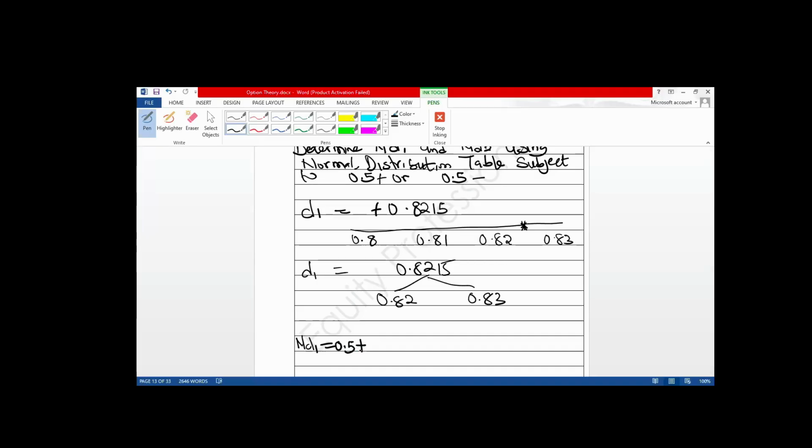When the sign for D1 or the sign for D2 is a positive sign, then you are going to calculate your ND1 by starting with 0.5 plus. You now open your bracket.